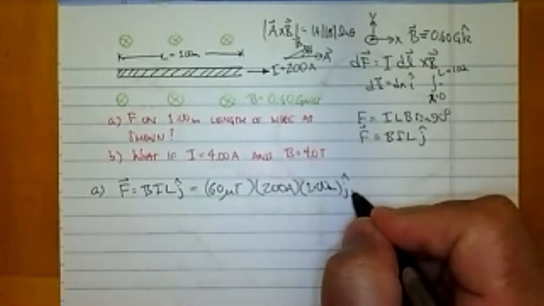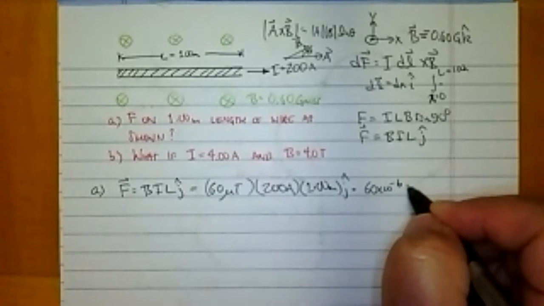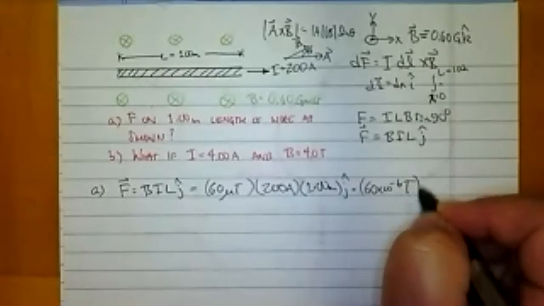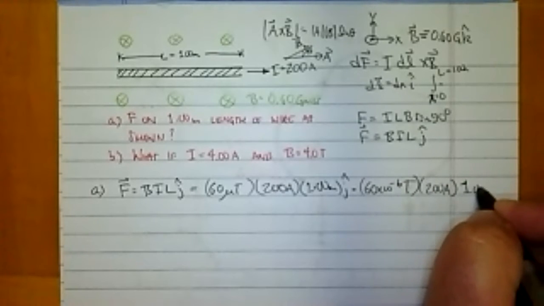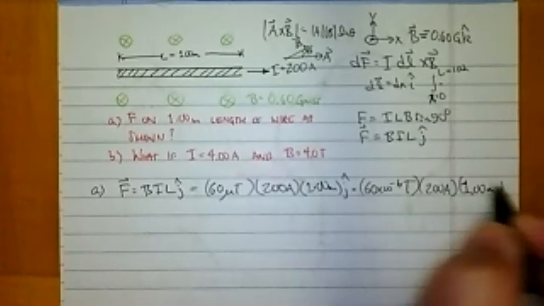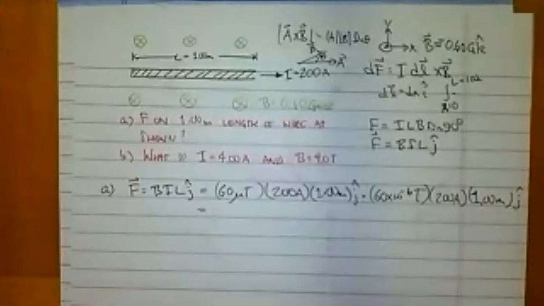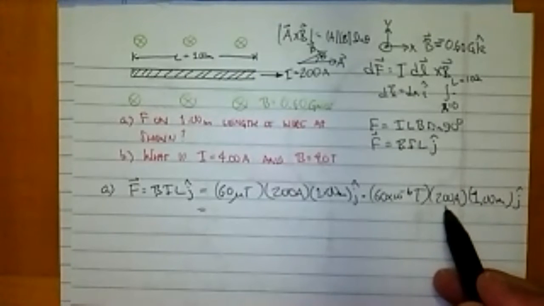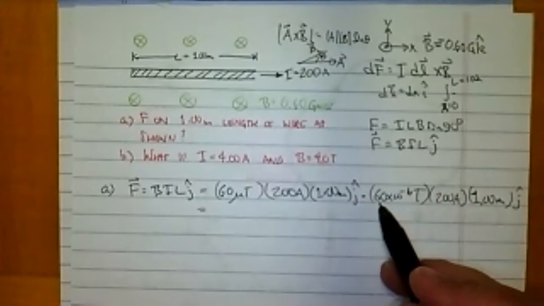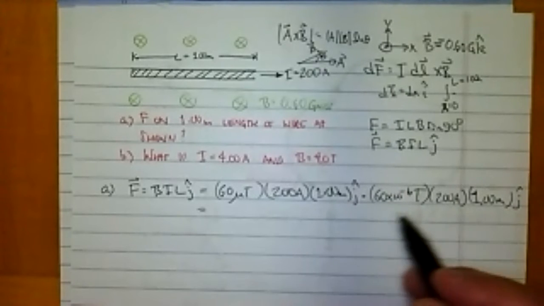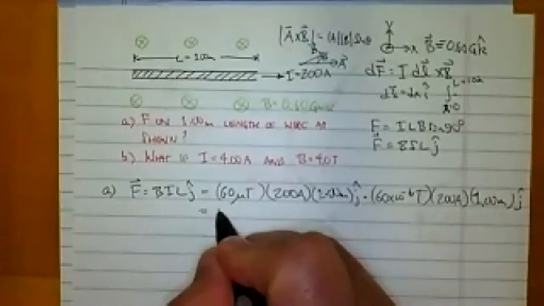Of course, 60 microtesla is 60 times 10 to the negative 6 Tesla, times 200 amps times 1.00 meters, again with the J hat, which equals 200. I can make that a factor of 10 to the 2. That'll make this 10 to the negative 4. And then there's another factor here that'll make it 10 to the negative 3. So I get 6 times 2 is 12, times 1 is 12, times 10 to the negative 3.